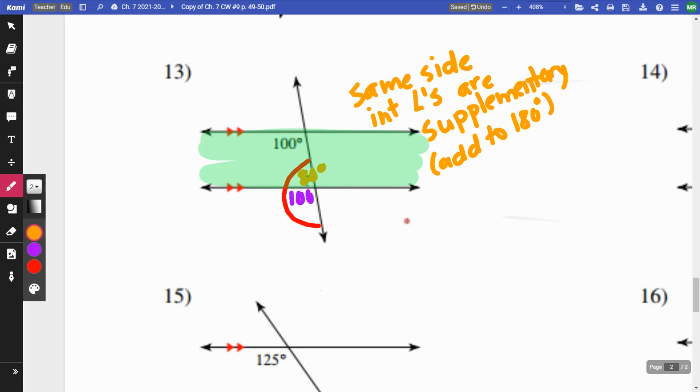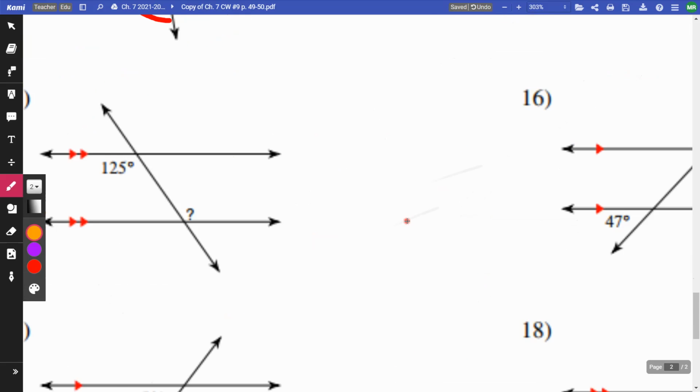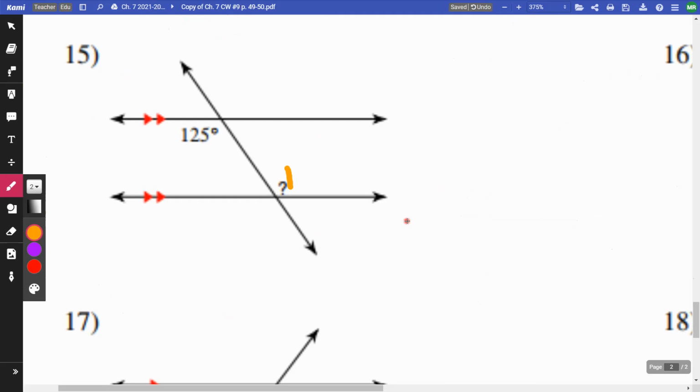Okay, on 14, this is going to be 111. Again, alternate interior angles are congruent. On 15, 125 degrees.